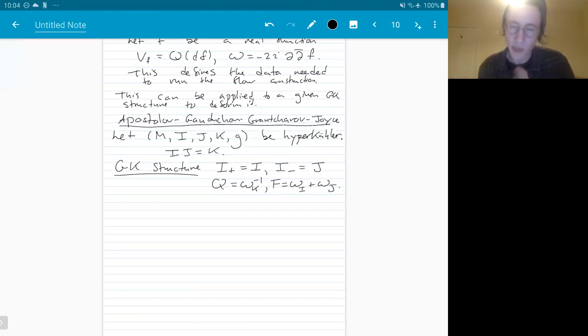In a sense, it's a very symmetric one, because we can rotate to get a whole bunch of different generalized Kähler structures.